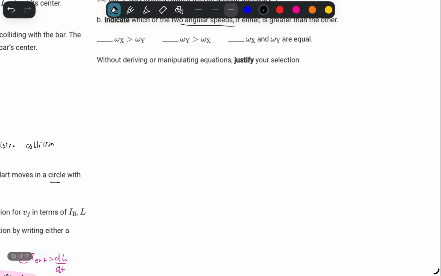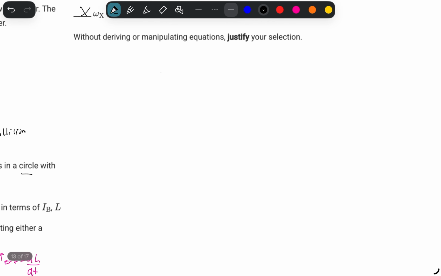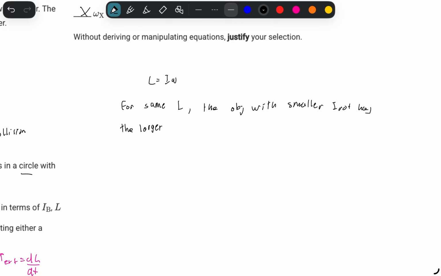So we are going to have this option, because if we use angular momentum, we have the same angular momentum. So for the same L, the object with smaller rotational inertia I has the larger speed.